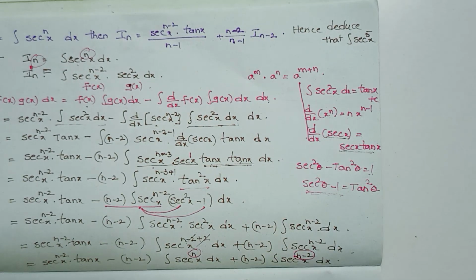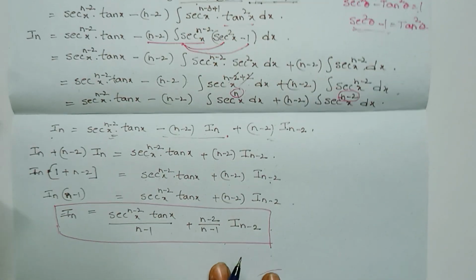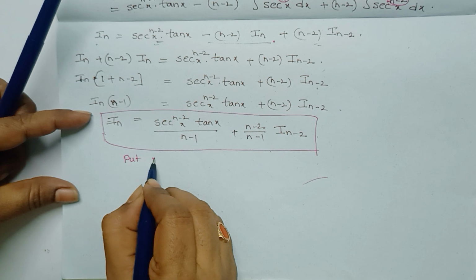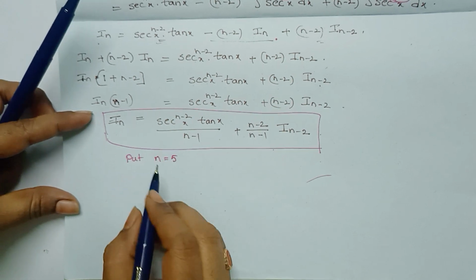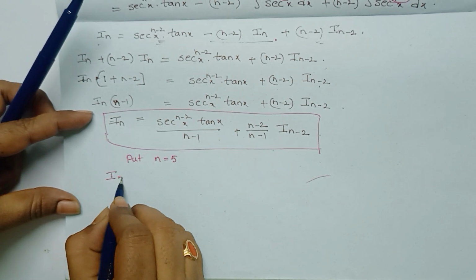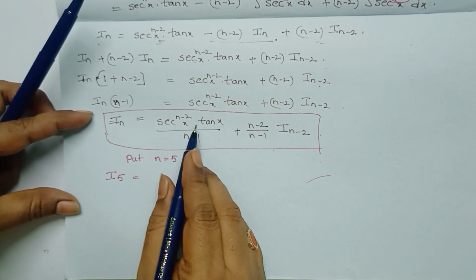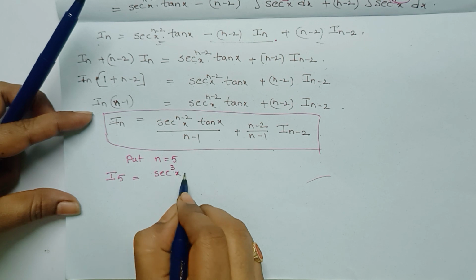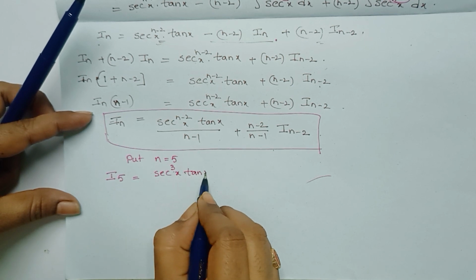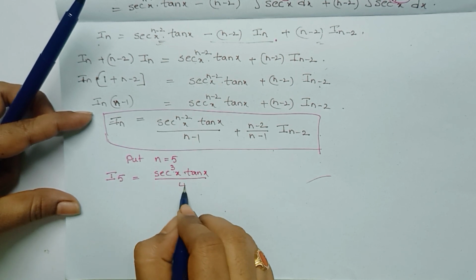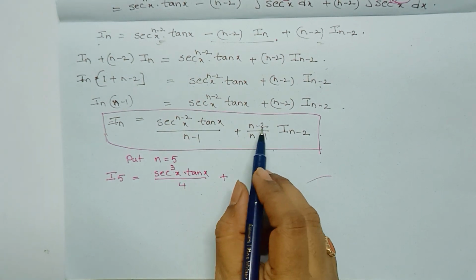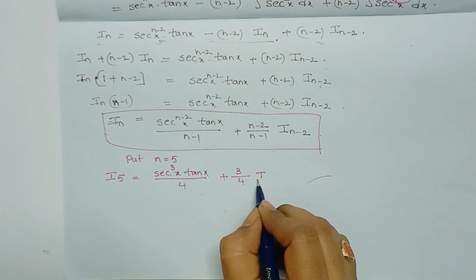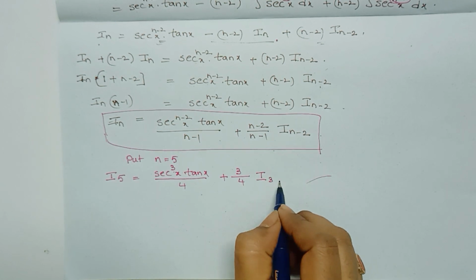secant power 5, secant power 5 means put n equal to 5, put n is equal to 5 in the above, I5 equal to secant power 5 minus 2, that is secant cube x into tan x by 5 minus 1 is 4 plus 5 minus 2 is 3 by 5 minus 1 is 4 into I3.